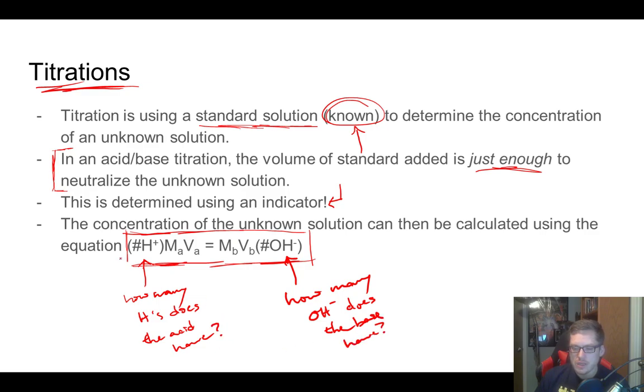These are always going to be integers: 1, 2, 3, 4, 5, 6, something. Probably never higher than 3. You're going to plug those in, and then it's just a matter of solving for whichever one you need. Most of the time, you're going to be solving for molarity. That's the whole point, so that we can find the concentration of the unknown solution. So you're going to be finding either the molarity of the acid or the molarity of the base.